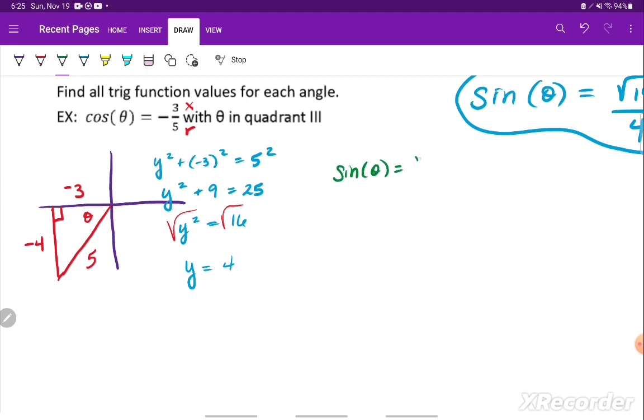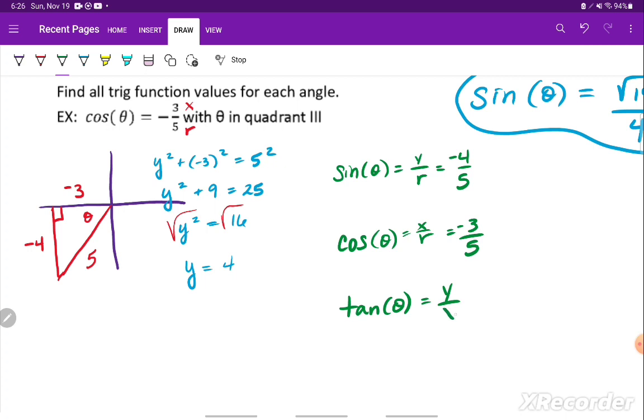Sine of theta is y over r, so that'll be negative 4 over 5. Cosine, that was given, it's our x over r, negative 3/5. Tangent, that's y over x, will be negative 4 over negative 3, which simplifies to 4/3.